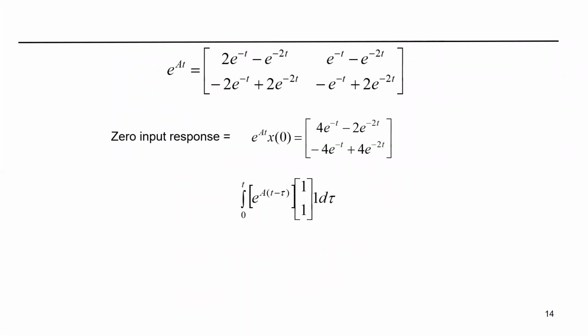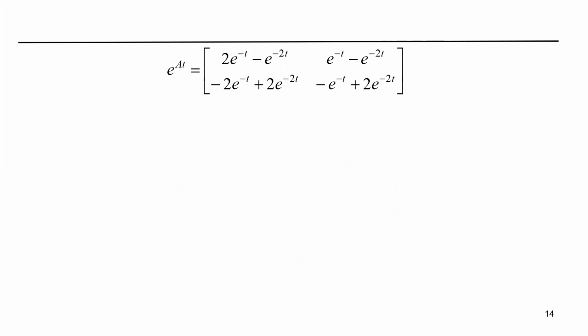Now, if you remember, we said the solution is going to be x of t equals e to the At times x of 0, plus the integral of e to the A(t minus tau) B u of tau d tau.